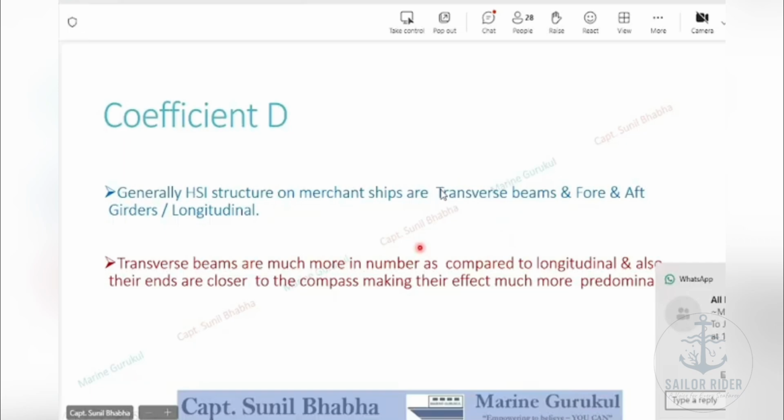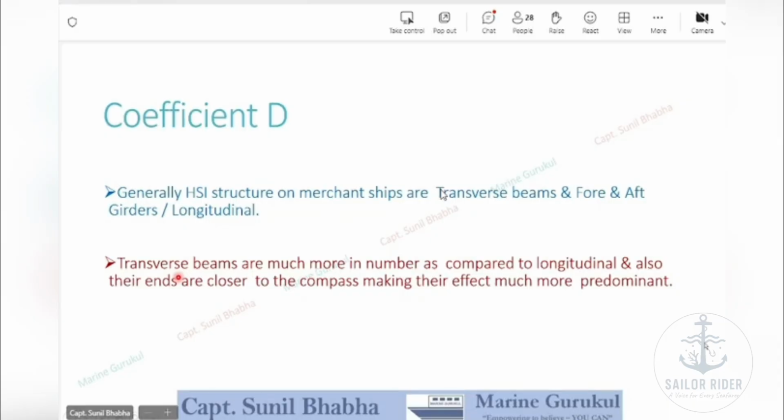Now that is not the case. The transverse beams are much more in number, and secondly their ends are closer to the compass location. The ends of the fore and aft longitudinals are close to the bow and stern of the ship, which are far away from the compass location, whereas the beams stretch over the entire length of the ship and the ends of the beams are closer to the compass location as compared to the longitudinals.